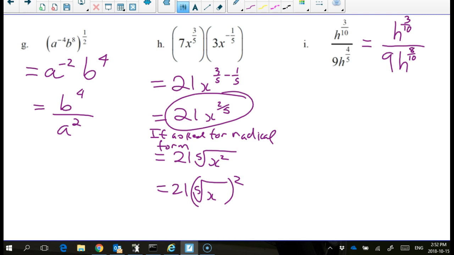If we're going to subtract fractional exponents, they have to have the same denominator. So we can change 4/5 to 8/10. Then 3/10 minus 8/10 is negative 5/10, which is negative 1/2. What if I want that as a radical?